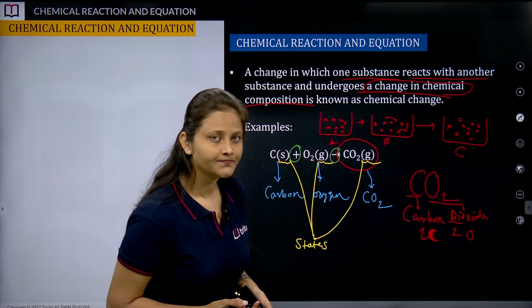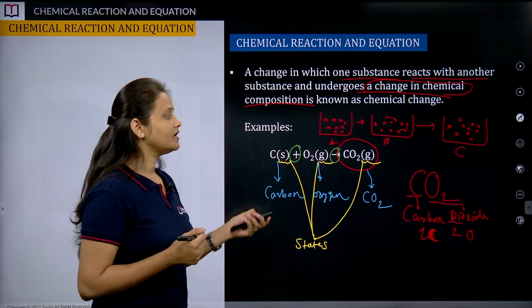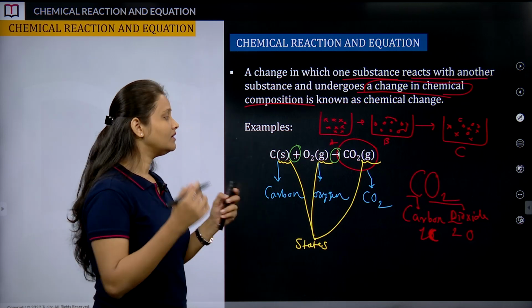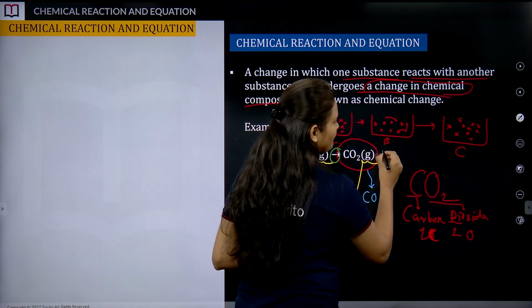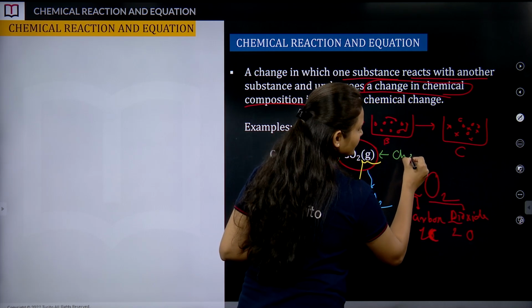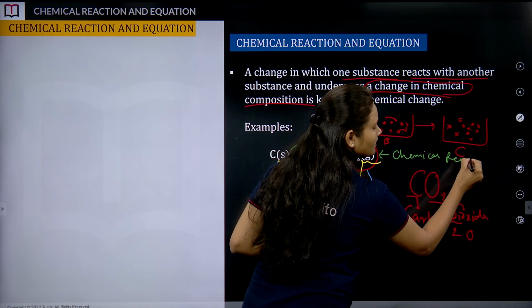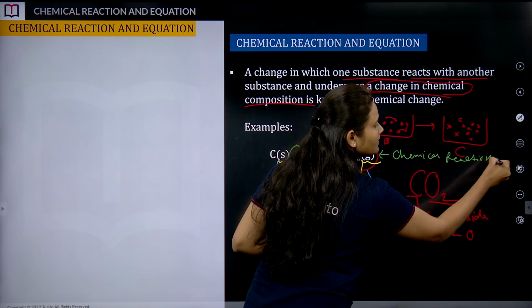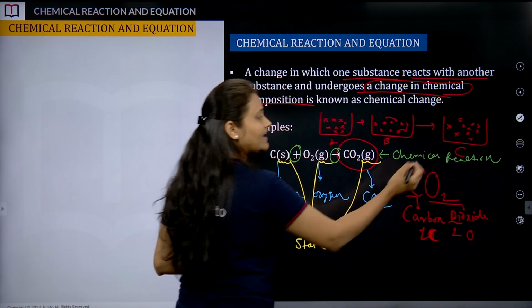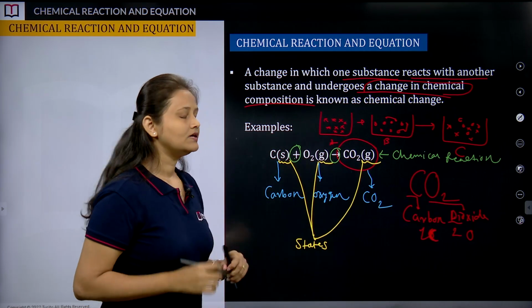Got it? So that is nothing but a chemical change. This is nothing but a chemical reaction. Whatever we have written here is nothing but a chemical reaction. Chemicals have reacted with each other to give you products.